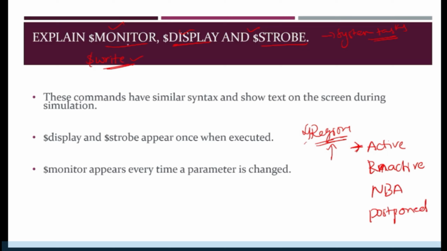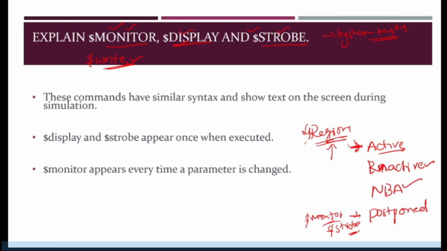That means whatever you write within $display and $write will be executed in the active region. Similarly, $monitor and $strobe will be executed in the postponed region. That means after the active and inactive statements and all the non-blocking assignments have been executed, then $strobe and $monitor will be executed.